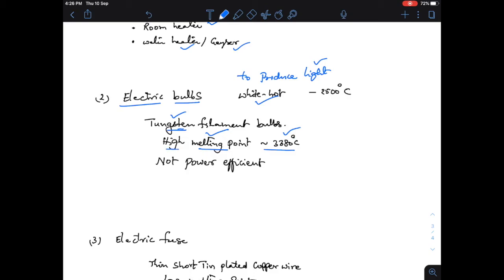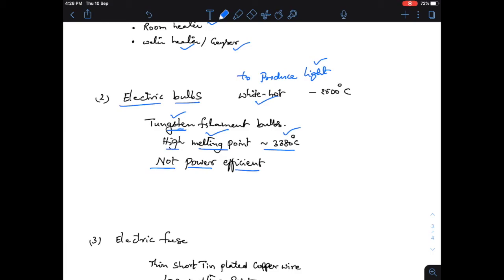But then there is a disadvantage. Do you know that in present days we are not using these filament bulbs? The reason being they are not power efficient. What do we mean by that?